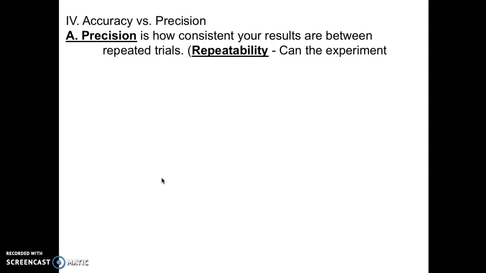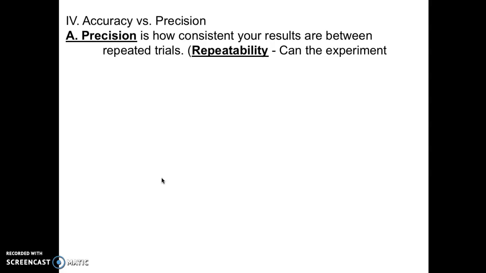Next time it's the ones with, the next time the one without. If I can't get the same results each time, something's going on there besides just the fertilizer. Maybe there's something else about how much sunlight they get, or too much water, or not enough water. They're not getting the same amount of water. Something else may be affecting my results. Maybe they have a little different kind of soil or something. So that would not be very precise.